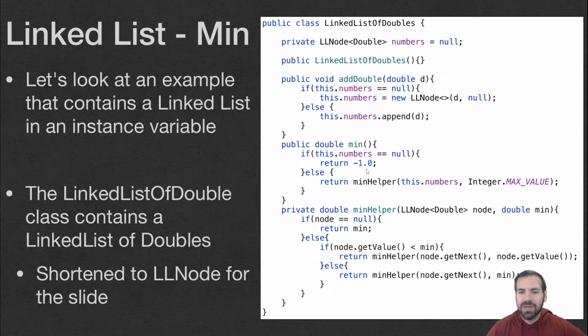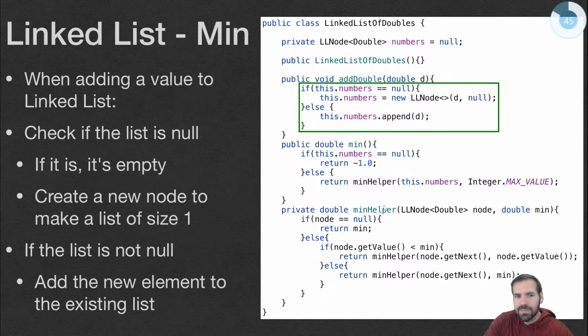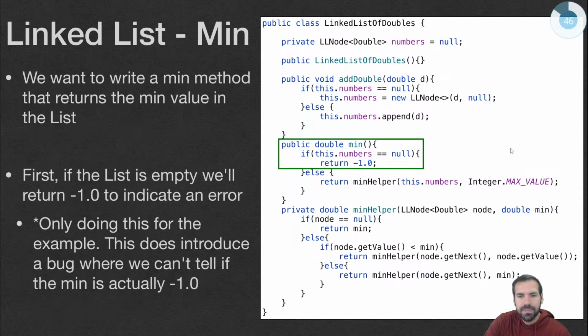This is a pretty bad return value, admittedly, because it looks like the minimum value of the list was -1 instead of indicating that there was an issue and that there was no value. Probably Double.POSITIVE_INFINITY would probably be the best one to return here. And then when we finally get to the helper, oh, I'm getting way ahead of my slides. I'm just explaining the whole thing.